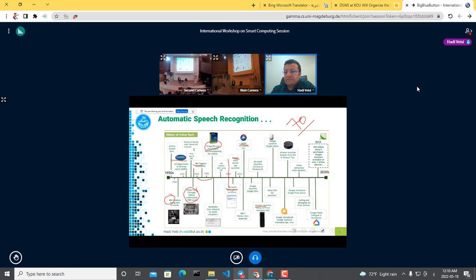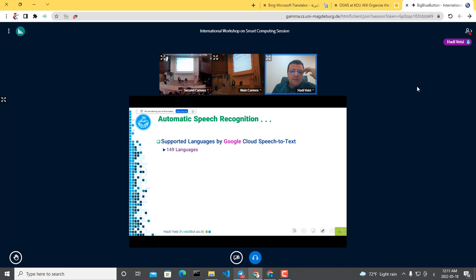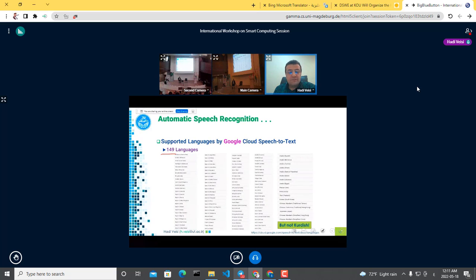For example, according to the formal reports of Amazon, more than 100 million Alexa gadgets have been purchased, which is equated with speech recognition. Now, the speech recognition is provided by these companies. For example, Google Cloud now supports 149 languages, but Kurdish is not among them.